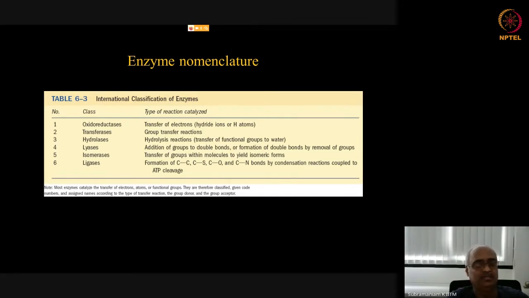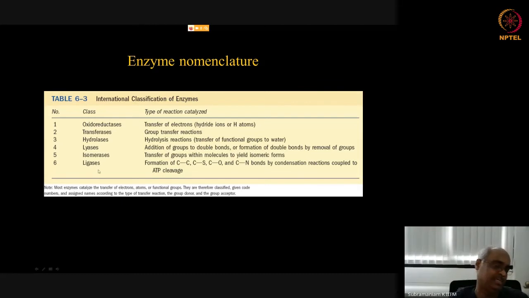To convert one to the other, you have to break and rejoin. We learned this under stereochemistry. Enzymes that do this, like converting glucose 6-phosphate to fructose 6-phosphate, are called isomerases. They transfer groups within the molecule to yield other isomeric forms.